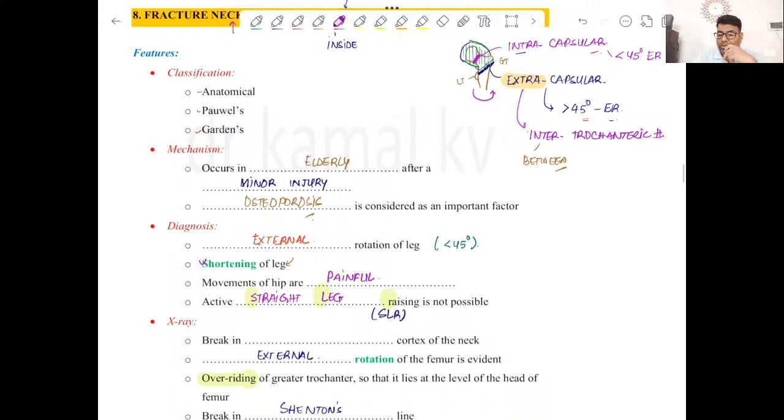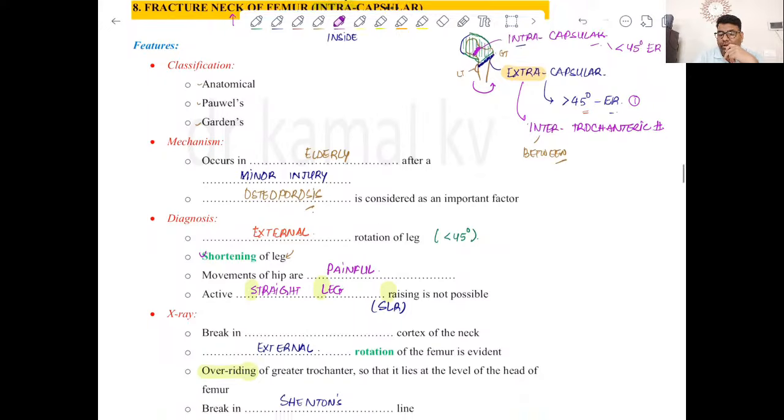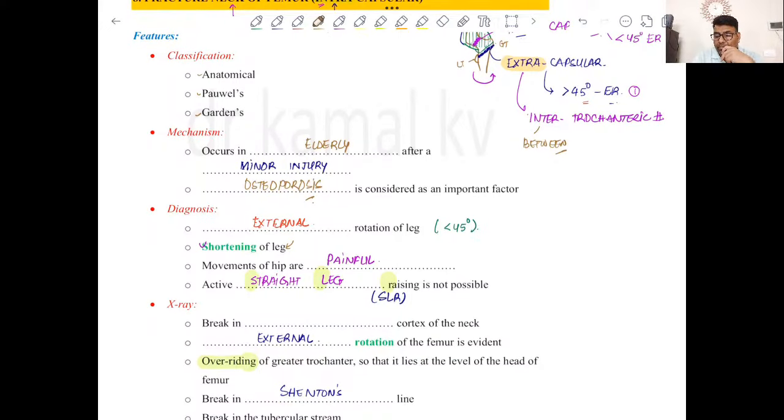Now one more important point which you need to remember here is that the treatment is again ORIF with dynamic hip screw, or we can also do a PFN, that is proximal femoral nailing. So just remember the names, right? So these are the treatment options.